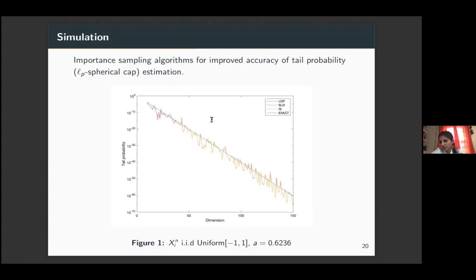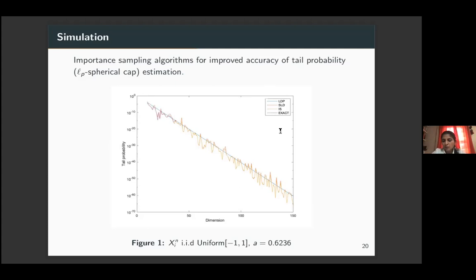This is for some fixed theta sequence that I've chosen. And it tracks the importance sampling very well. In this particular case, we looked at the L infinity case, where you actually know the exact probability, and you can see how well it tracks. So you can see that the large deviation would give you a very rough estimate, and here, this will actually give you a precise estimate.